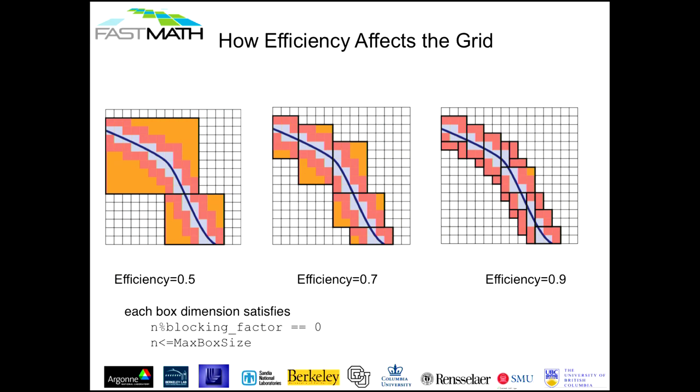So if you're doing a scalar calculation, you might want a blocking factor of at least 8, because that way each pencil in these boxes, each line in the stride 1 direction of I, is a cache line. So you will get good cache use if you have a blocking factor that's near what your cache line is going to be. Or you may realize that I have a 256 wide vector unit in my machine. Well, you probably want something that hits that vector size very consistently, so when you're doing point-wise updates, you'll hit it very consistently.